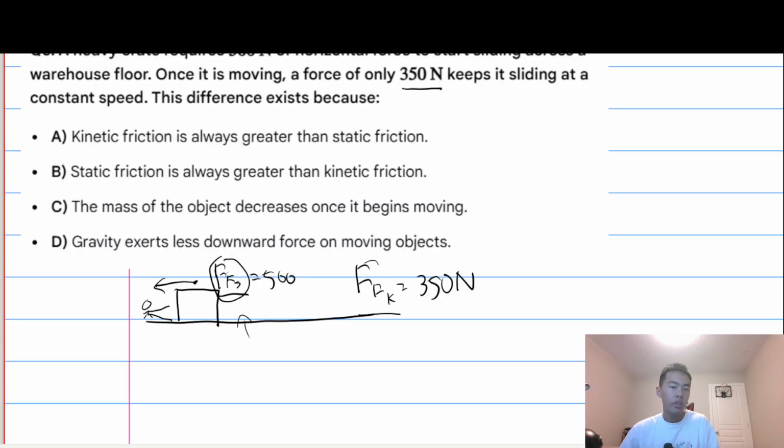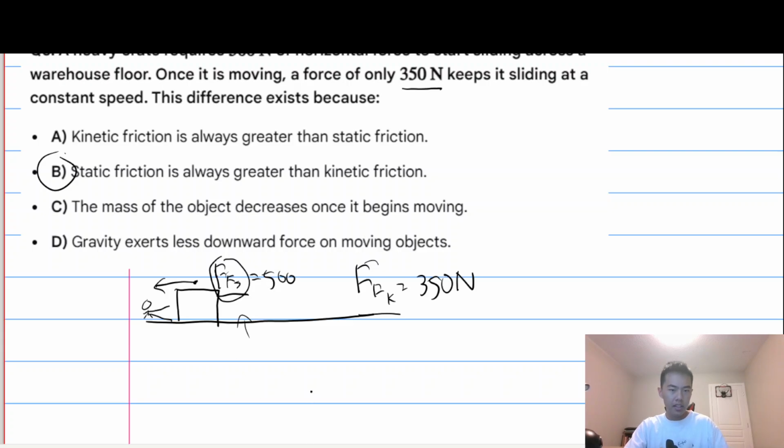There wouldn't be 200, there wouldn't be 500, it would only be 100 newtons of force, because we have to keep it balanced to keep it at rest. So if I push on this box with 300 newtons of force, then frictional force will be pushing back with 300 newtons. It changes with how much I push it. And this means that static friction is always greater than kinetic friction.